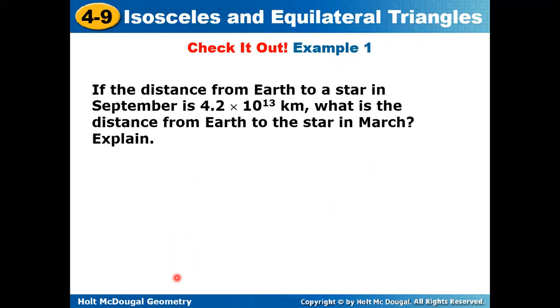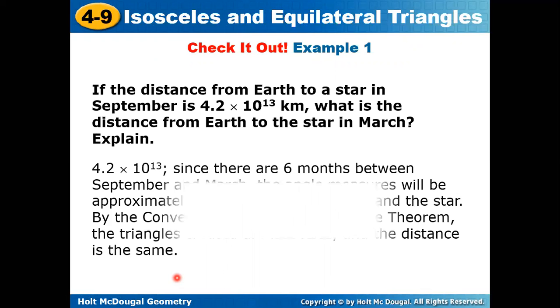Now, if the distance from the Earth to a star in September is 4.2 times 10 to the power 13 kilometers, what is the distance from Earth to the star in March? And explain.